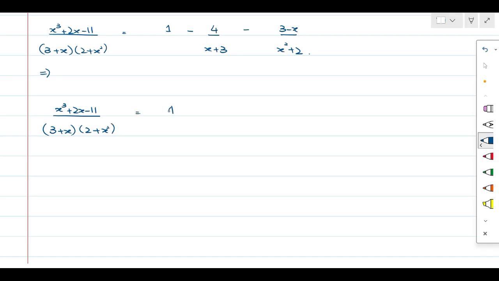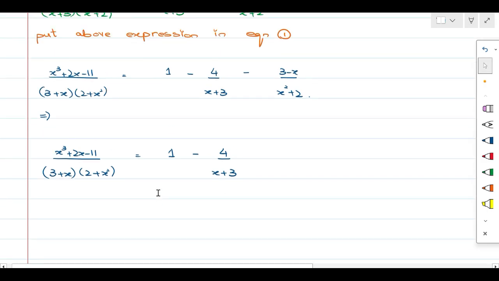This expression is 1 minus 4 over x plus 3. And if you take minus common, just absorb the negative sign inside. Negative times negative is positive x, and negative 3 over x square plus 2.